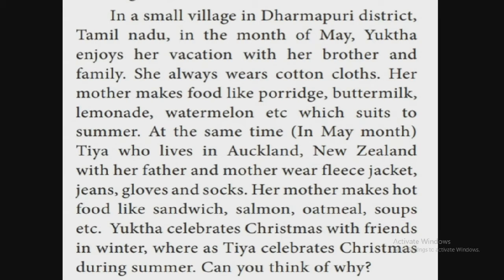Yukta celebrates Christmas with friends in winter, whereas Tia celebrates Christmas during summer. Can you think of why? Because they both live in different hemispheres. That is what we are going to see in the next slide. Yes, Yukta and Tia stay in two different hemispheres and have different ways of life.